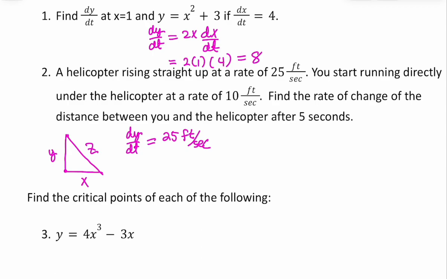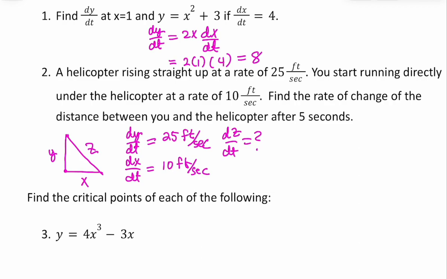We also know that you are running away from the helicopter, so your distance is x. So dx dt is a positive 10 feet per second. We want to know how the distance between you and the helicopter is changing. So we want to know what is dz dt.